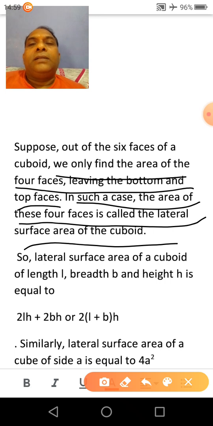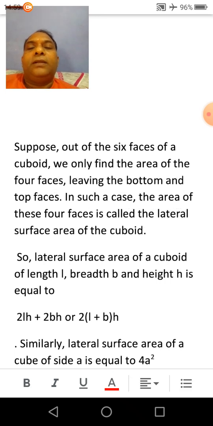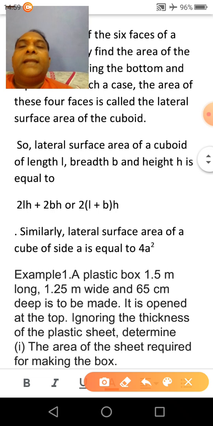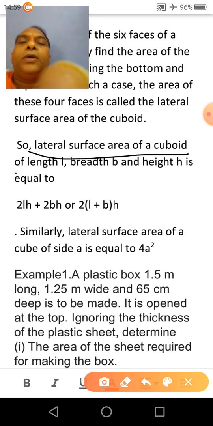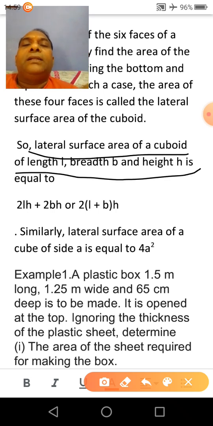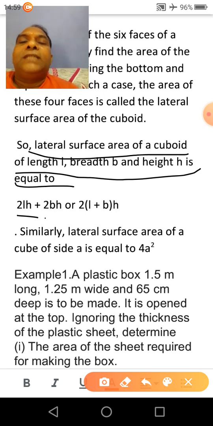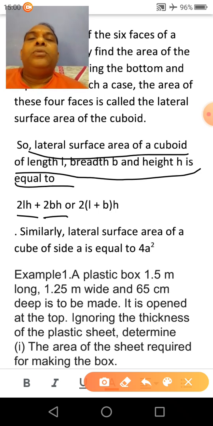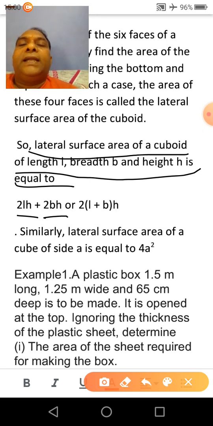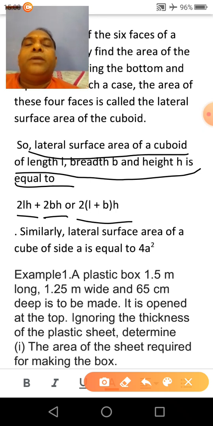Clear? Then you have lateral surface area of the cuboid. So lateral surface area of cuboid of length L, breadth B and height H is equal to 2LH plus 2LB, because we have to leave the area of bottom and top, and taking out 2 common, this will be equal to 2 into (L plus B) into H.